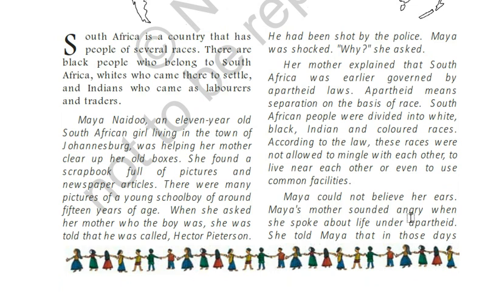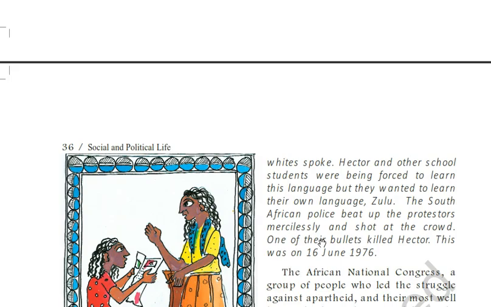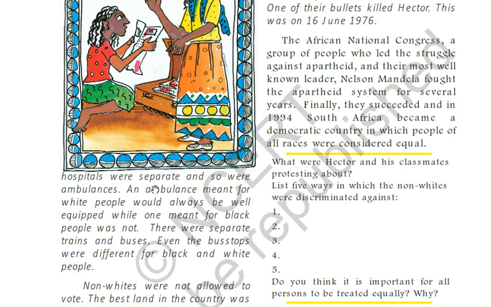Maya's mother sounded angry when she spoke about life under apartheid. She told Maya that in those days hospitals were separate, and so were ambulances. An ambulance meant for white people would always be well equipped, while one meant for black people was not.